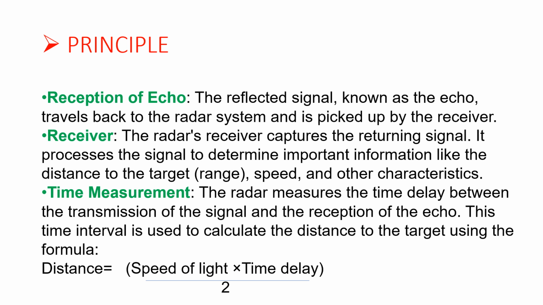There is also a receiver for reception of the echo, and then time measurement is done. The radar measures the time delay between the transmission of the signal and the reception of the echo. This interval is used to calculate the distance to the target using the formula: distance equals speed of light multiplied by time delay, divided by 2.